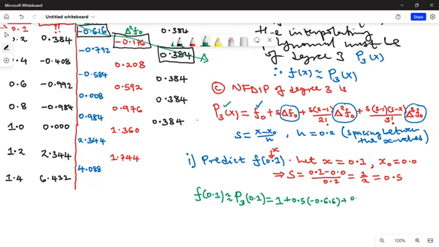So here we have 0.5 into 0.5 minus 1, divided by 2 factorial, times delta squared f naught, which is negative 0.176.